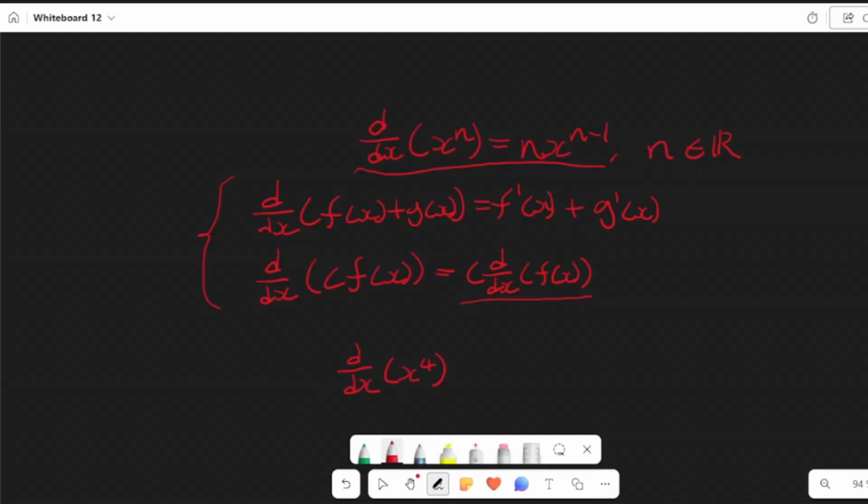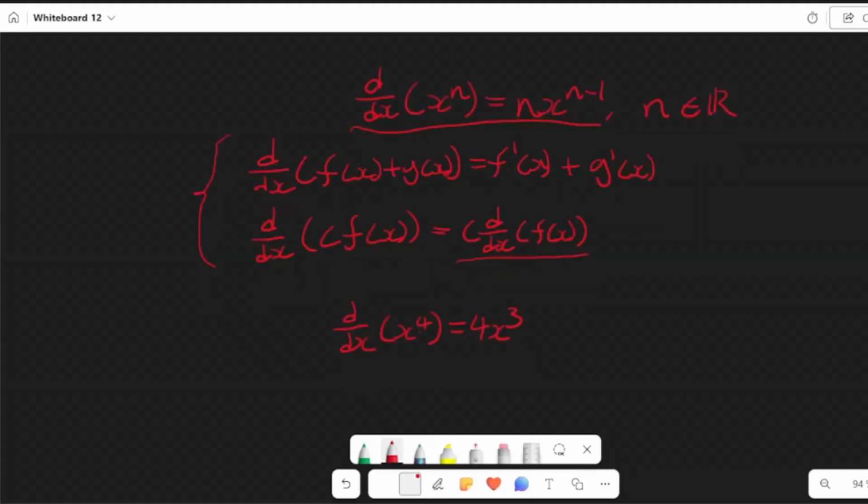So this will essentially be n, which is 4, times x raised to the power n minus 1. Our n is 4, so n minus 1 becomes 3. So the derivative of x to the power 4 is equal to 4x cubed.